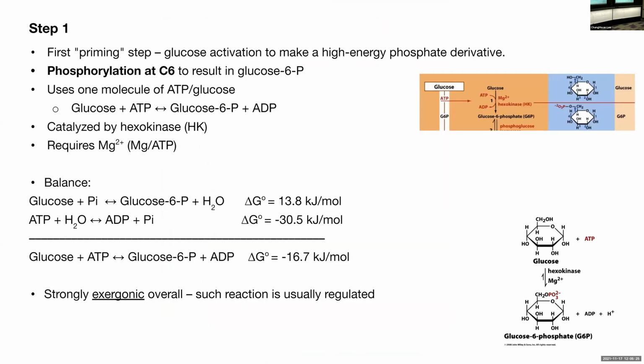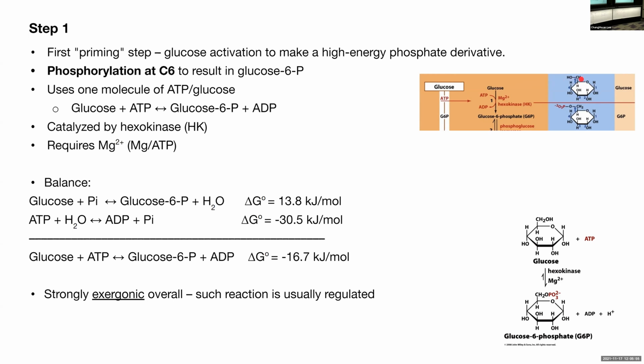The first step, which is on top here, is processing this glucose and activating it to make it into a high-energy phosphate derivative, which is glucose 6-phosphate. You can see their structures here too. Basically what it does is phosphorylation at C6 of the glucose, and C6 is an exocyclic carbon of the glucose.